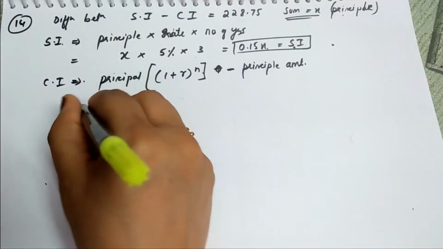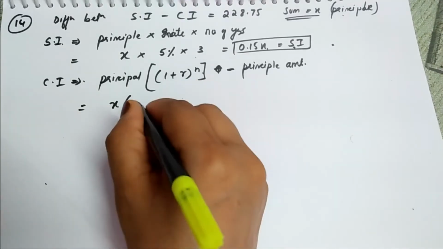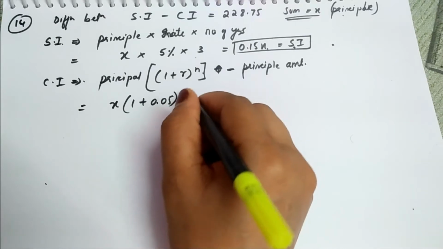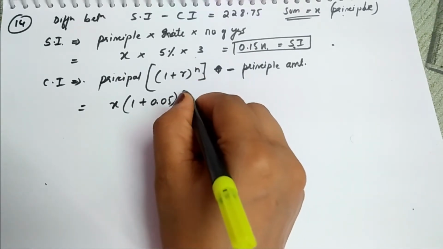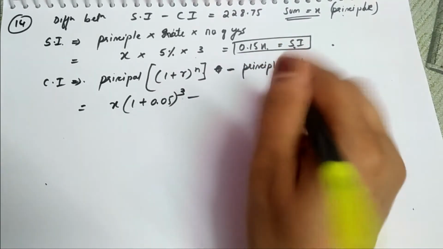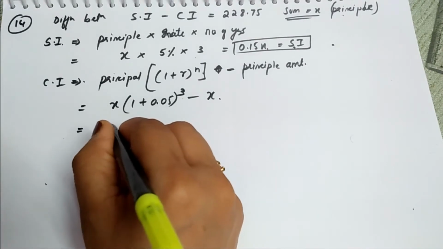Okay, this is the formula. So what's the principal amount? We don't know, we take it as x. Now 1 plus what is r? 0.05. What is the power n? The number of years, it is 3. And the principal amount is the same thing, x.